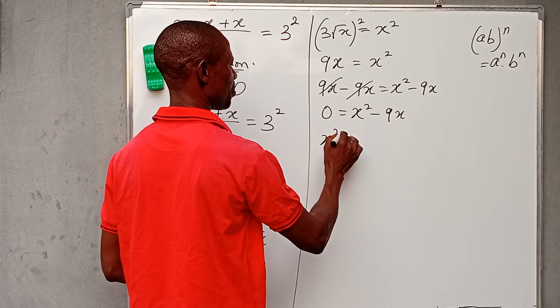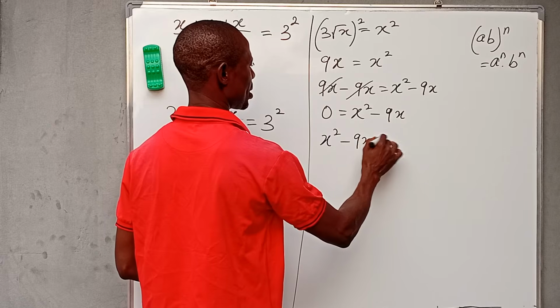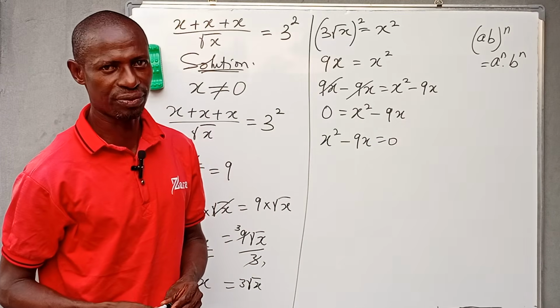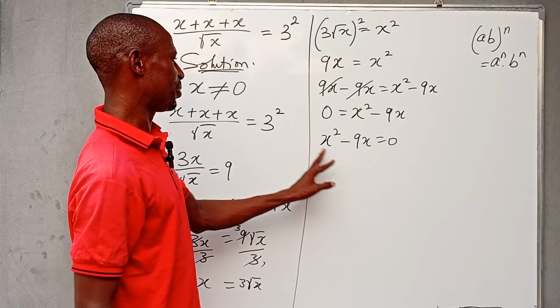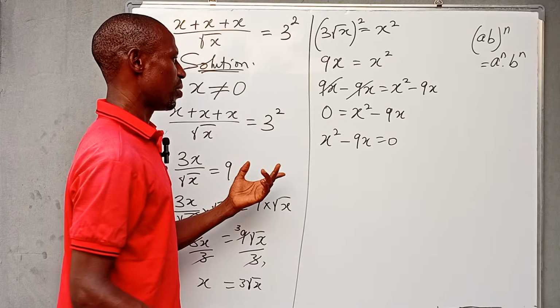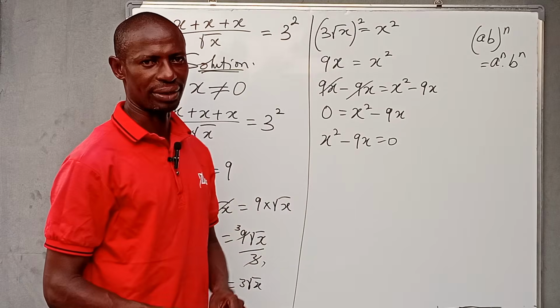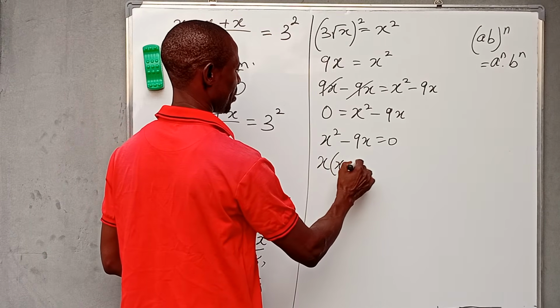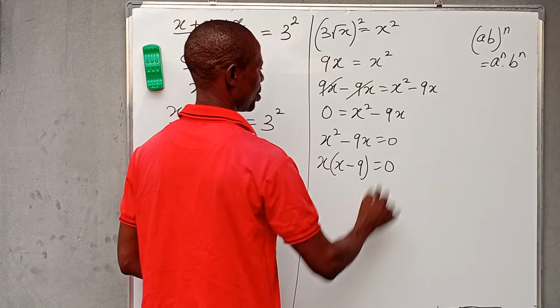Rearranging, we have x to the power of 2 minus 9x equals 0. So here we are to look for the two values of x that will satisfy this equation. And so we just have to factor out x from here. If we factor out x, we have x times x minus 9 equal to 0.